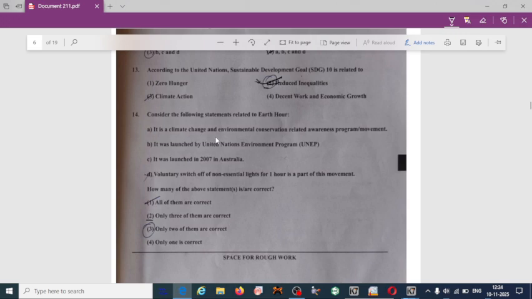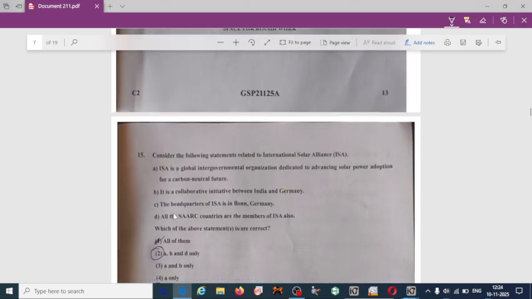It is a climate change and environment conservation related awareness program or movement. So once you read them, only 2 of them are correct. Sorry, only 3 of them are correct. Option 2 is right option.